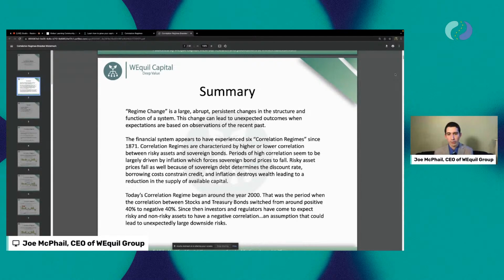The summary is that inflation destroys wealth by causing the discount rate on basically all cash generating financial assets to go up. Today is a good example of that, although one day is not a trend, certainly not a correlation regime change. But we're seeing increasing evidence of this general change in the relationship between stocks and bonds. That's a core point we're trying to communicate with this presentation.